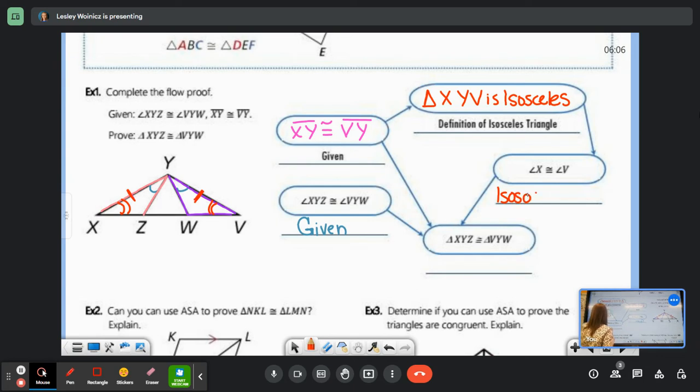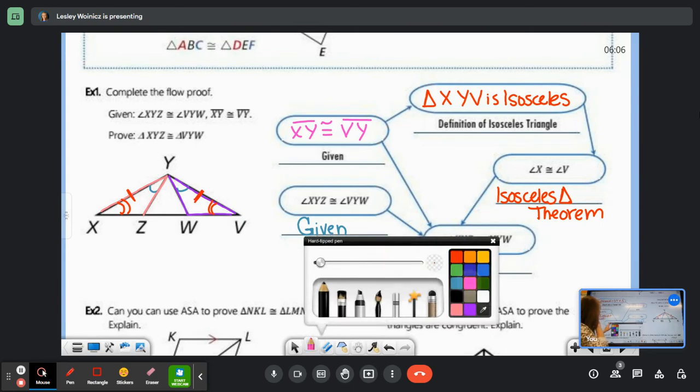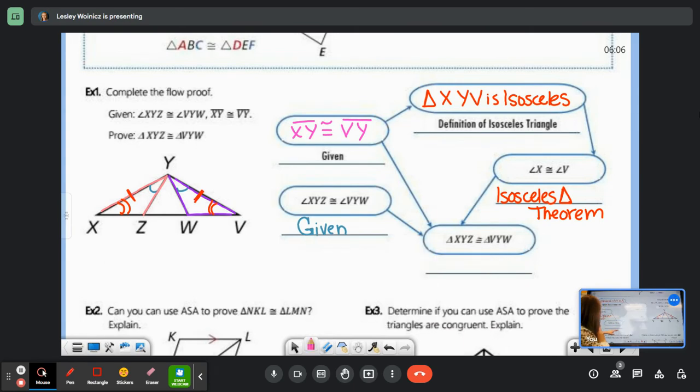Isosceles triangle theorem. We had that on our quiz a couple times. Okay, last but not least, I now have a pair of angles, a pair of sides, and another angle.